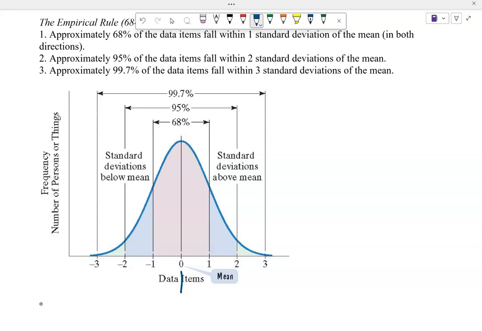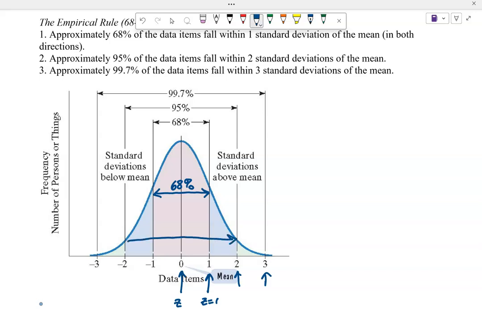This is showing you what's called the z-score. Z-score is 0, that's just your median. That's 1 above, that's a z-score 1. 1 standard deviation above, 2 above, 3 standard deviations above, and so on. This rule is saying 68%, if these are test scores, 68% of students are within 1 standard deviation of the mean.